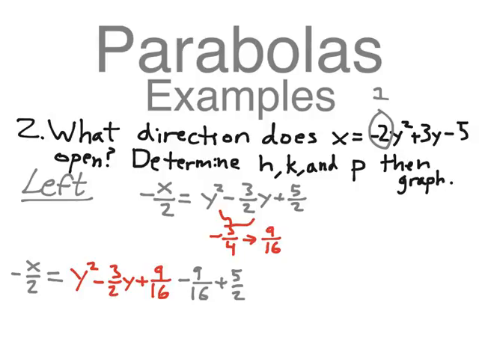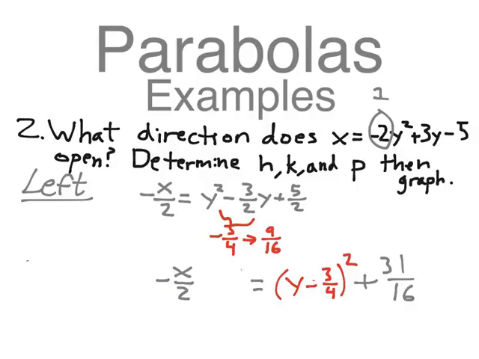Because we completed the square, I can write what's in red as (y minus 3/4) squared, and it's plus 31/16. So now I have this equation.